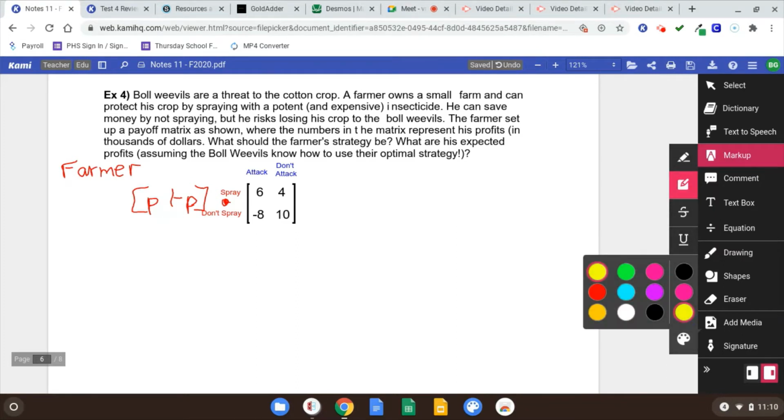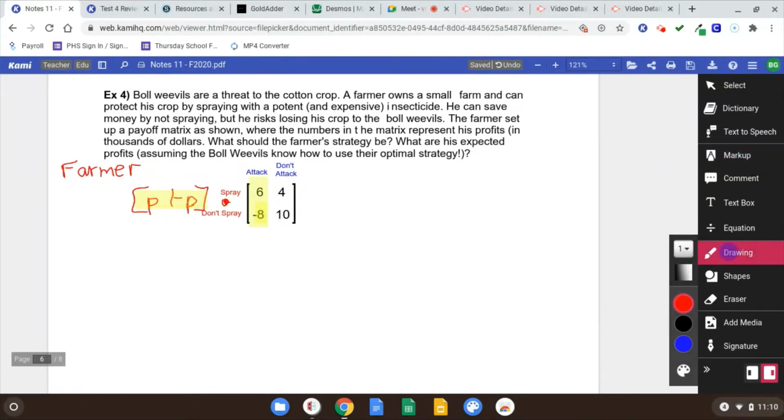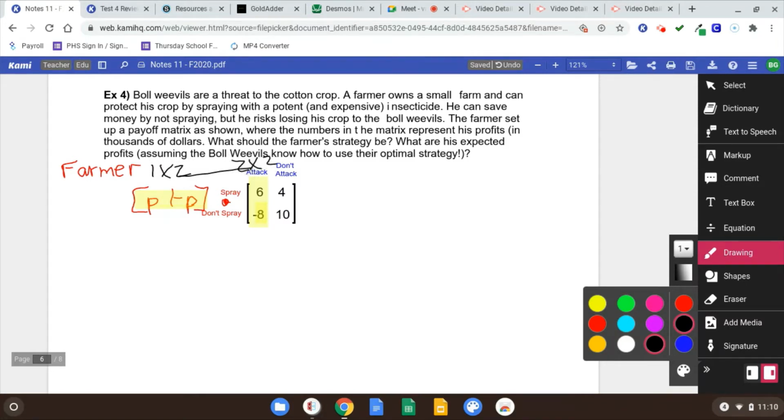How we multiply is we take a row times a column. Remember, 1 by 2 times a 2 by 2 is going to be a 1 by 2. So make sure your answer is in the form of a 1 by 2.